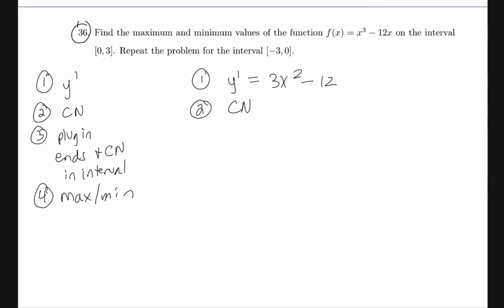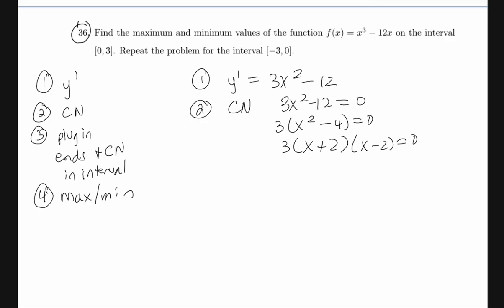It's a polynomial. But where does 3x squared minus 12 equal 0? Well, that's a factorable quantity. If you factor out the 3, we have critical numbers at -2 and +2.